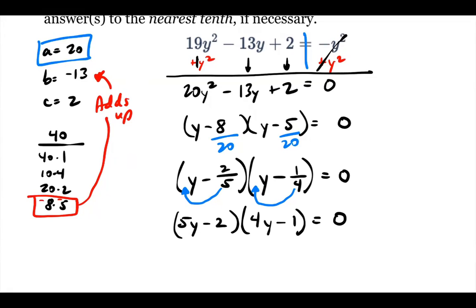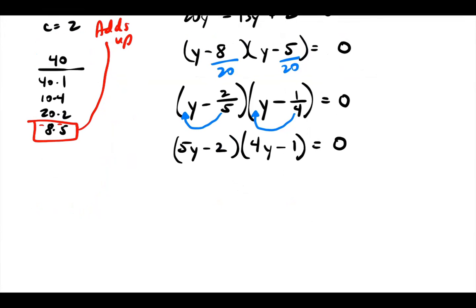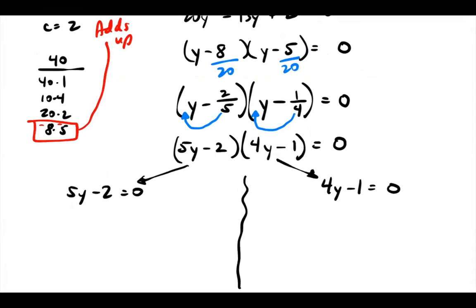And then what was my last step to solve? Separate and solve, right? Separate and solve. So separate this guy over here, equal to 0. Equal to 0.